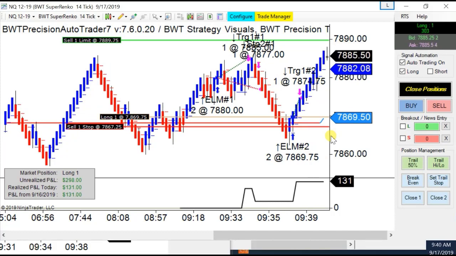Racing towards second profit target there at 90, or close to 90. Now breaking off. Came within just a few ticks. Alright, trying again.